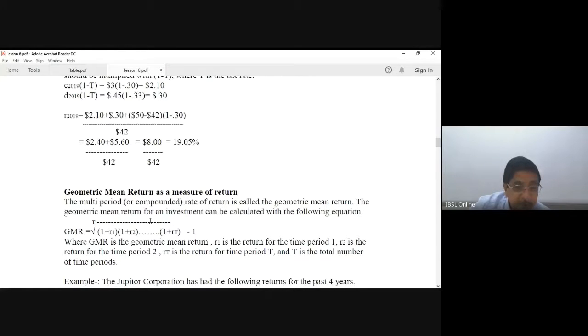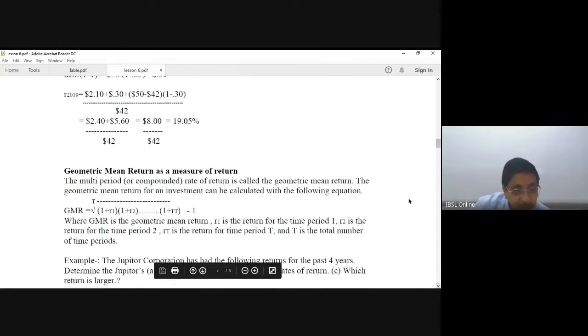The geometric mean return for an investment can be calculated with the following equation. Now, it's a simple thing, but some calculations are involved. Now, you just check this formula. Even though the formula looks somewhat complicated, it is not so complicated. This is the root.